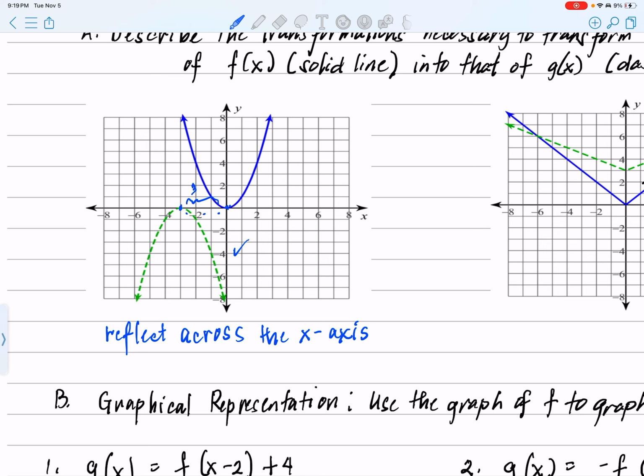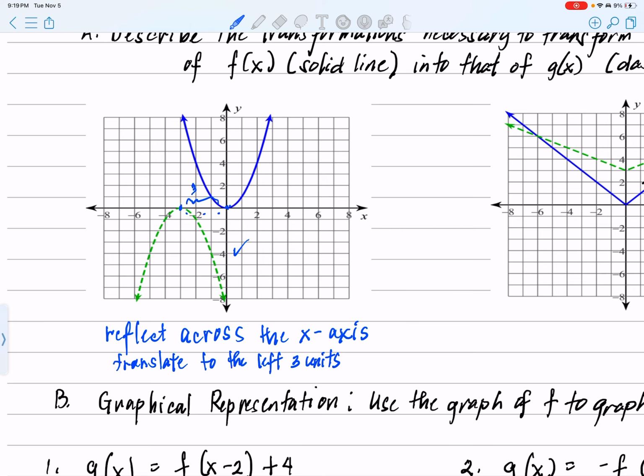That means it is translated. There is a translation taking place. So translate to the left. How many units? 3 units to the left.